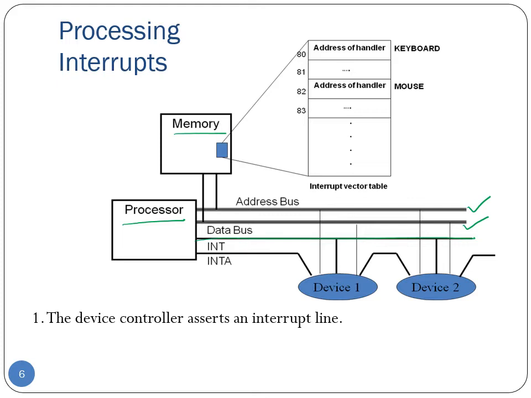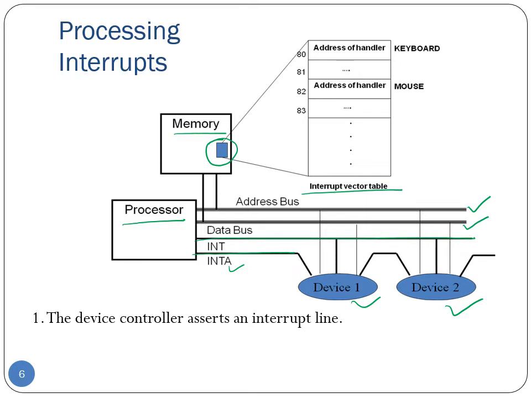Once the CPU has received the interrupt and it is ready to service the interrupt, the CPU will acknowledge the interrupt on this line. This is the interrupt acknowledgement line. And here are several IO devices that are connected to the CPU. There is a special table which is loaded in the kernel address space in the main memory. It is known as the interrupt vector table. We'll come back to this table a little later in this example.